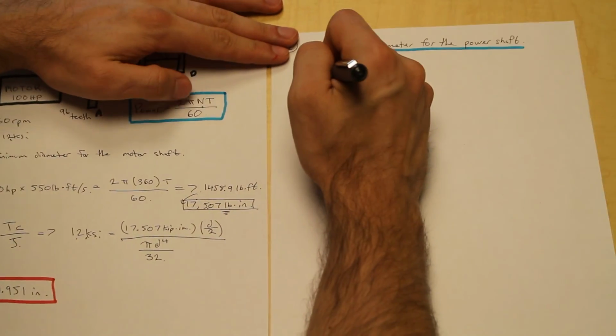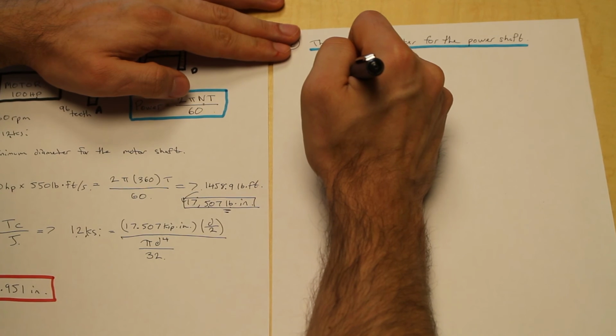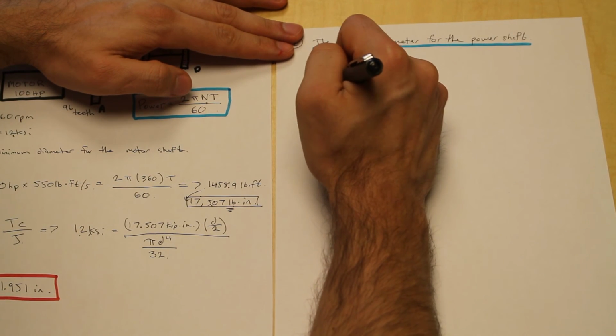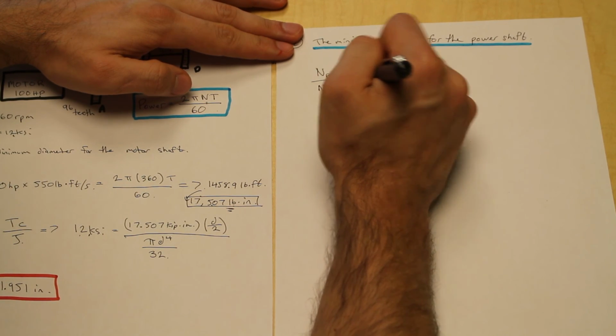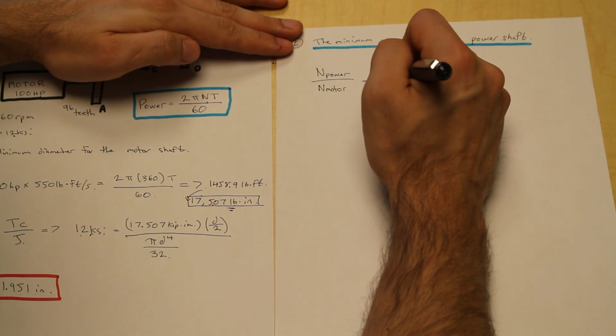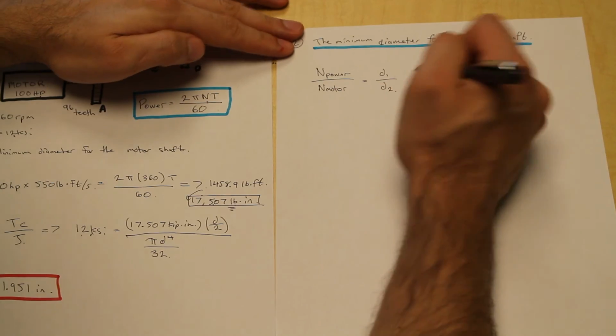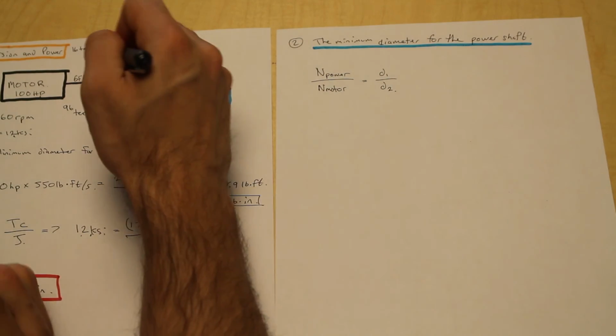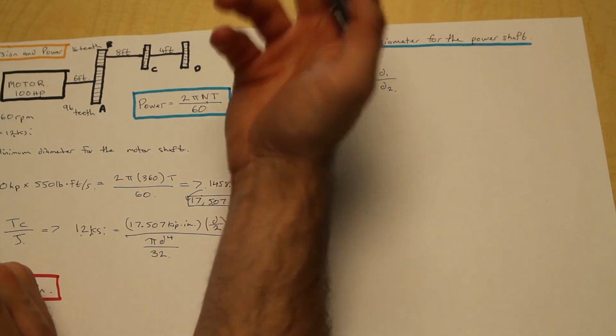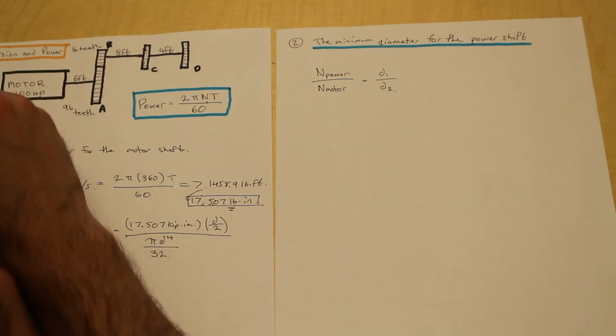Okay, so we're going to use this relationship. We're going to use that ratio to transfer it, the same as the diameter ratio that we used in the previous question.